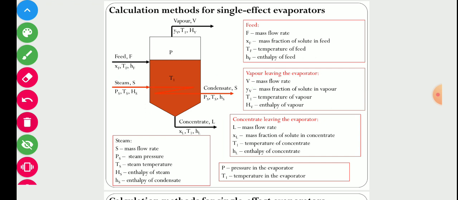So we assume that we are providing saturated steam, and we are getting saturated condensate. In that case, this temperature will be constant for both steam and condensate, because both phases are at equilibrium, at their saturation state.